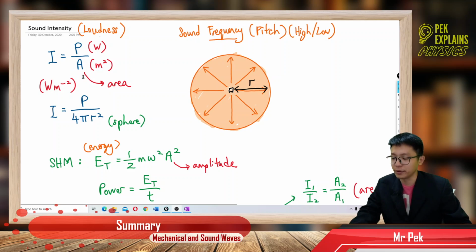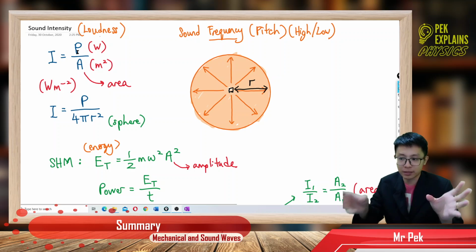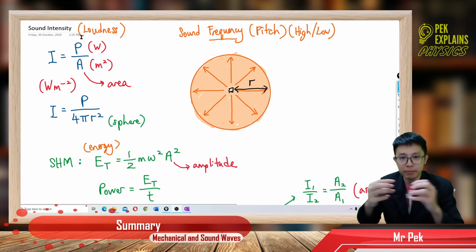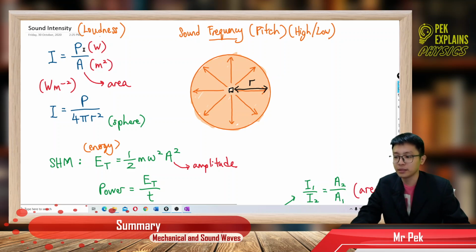Since intensity is about loudness of sound, it is proportional to the power emitted by the sound source. So the higher the intensity, the higher the power emitted by the sound source, the loudness of sound. So intensity is actually the power emitted divided by the area distributed.